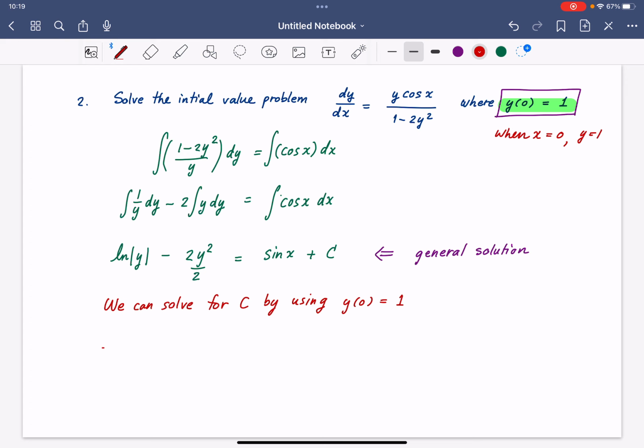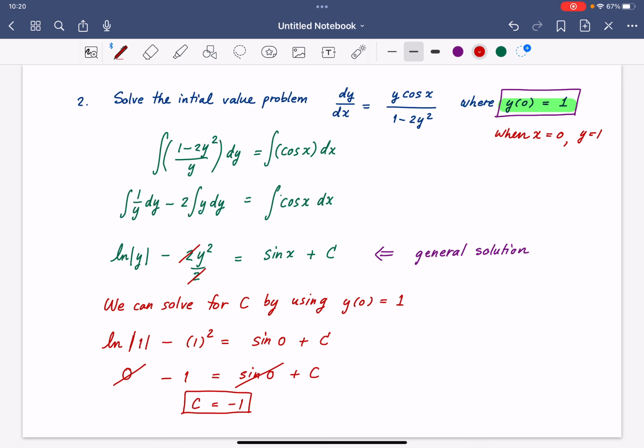Which means you plug in everything, so log absolute y where y is 1, y squared where y is 1, and then x equal to 0, so sine 0 plus c. Log 1 is 0, and then minus 1 equal to sine 0 plus c. Sine 0 is actually 0, so c equal to negative 1.